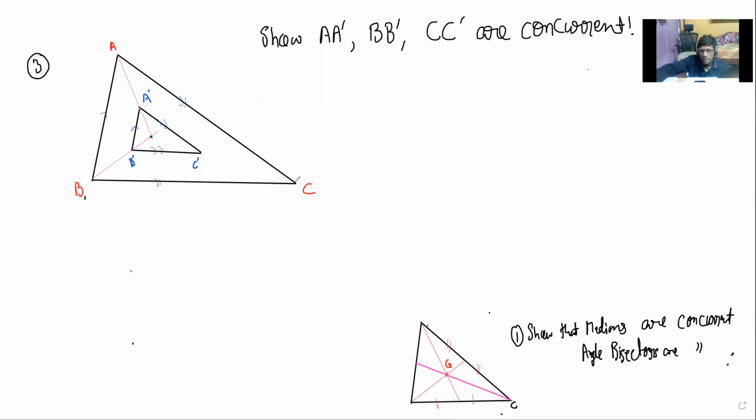You want to show that the line through CC prime passes through this intersection point. That's what you want to show, right?